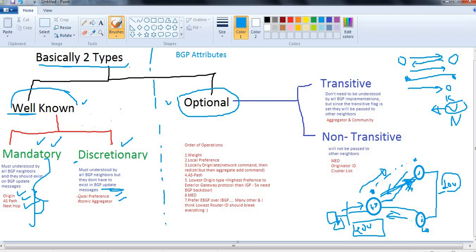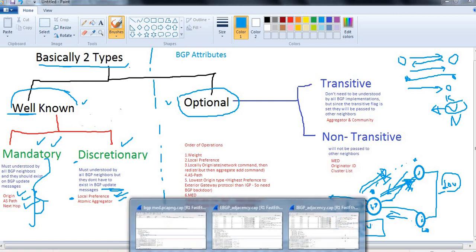When we configure something on a router to carry it along with updates, then it is going to carry these attributes. Let's say you have configured local preference on this router, then it is going to carry it, but it is not mandatory that it should always be in the BGP updates. So these are the two discretionary attributes: local preference and atomic aggregator. Let's see how it looks on Wireshark when we configured local preference.